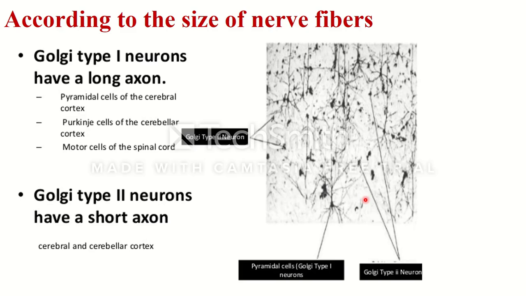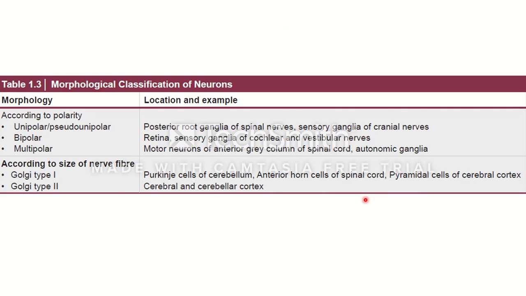And the neurons with very short axons, or Golgi type 2, can be commonly and numerously seen in the cortex of the cerebrum and cerebellum. Okay.